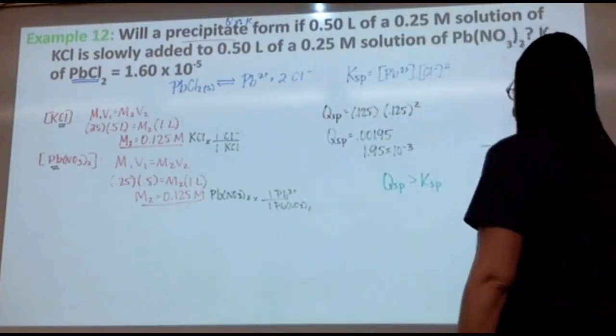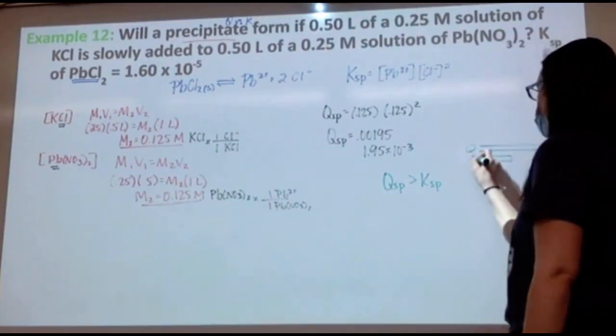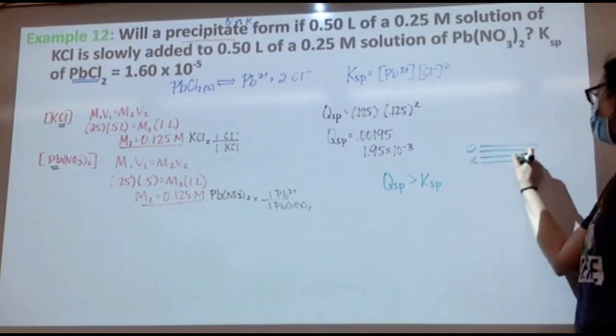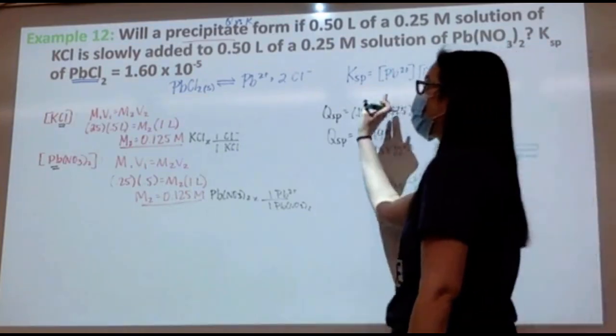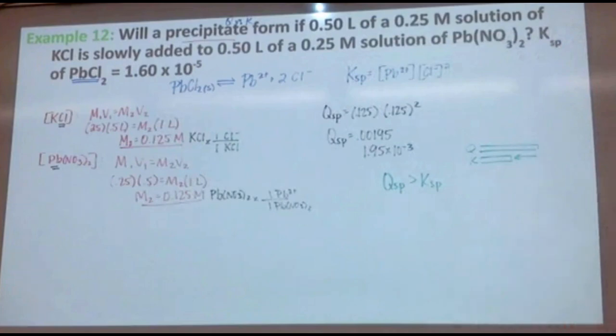So if you think about Q is here, K is here. To get to equilibrium, the reaction shifts back toward the reactants, back toward the solid. If the reaction shifts back toward the solid, you're making more solid, precipitation occurs.